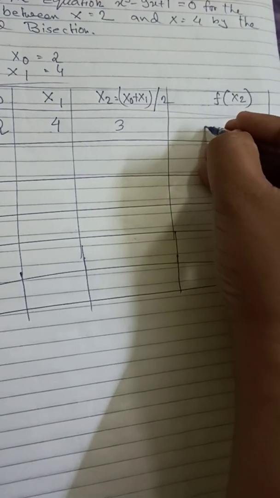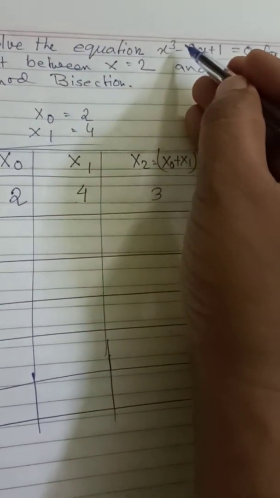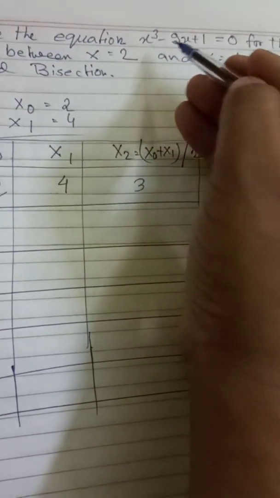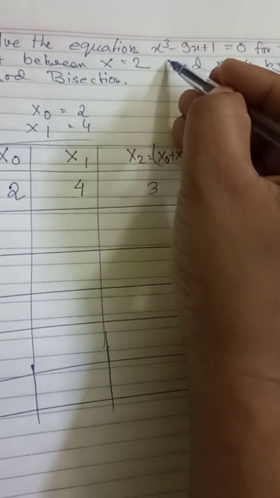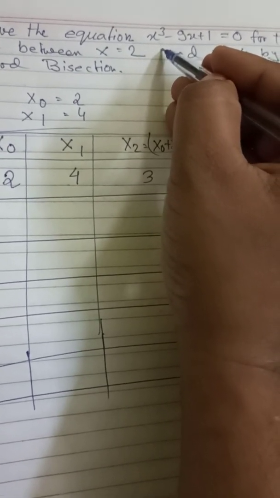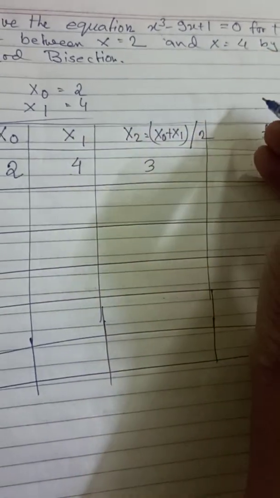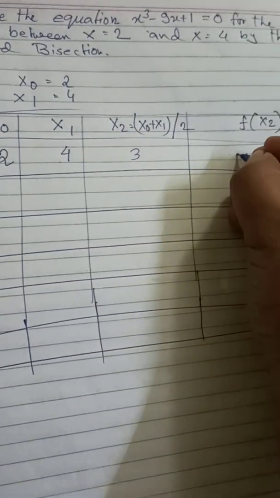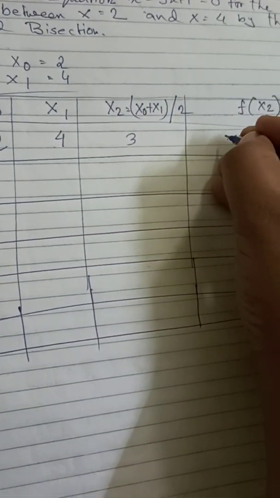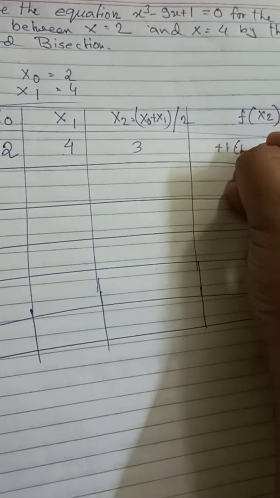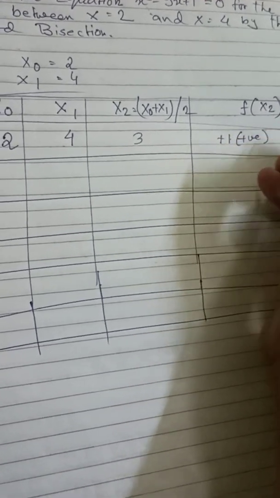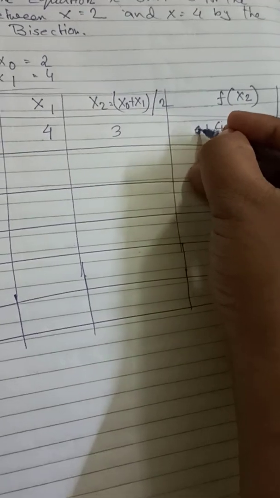For f of x2 we put the value of x, that is 3, and we get f of x2 as plus 1. This is a positive value.